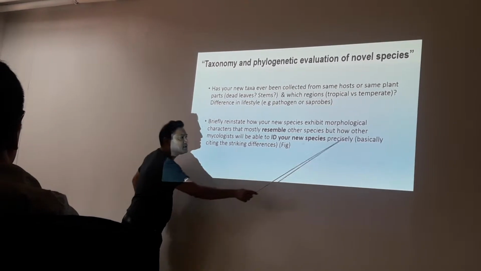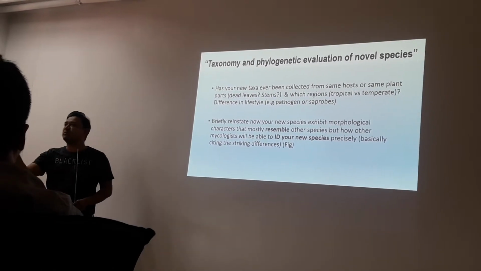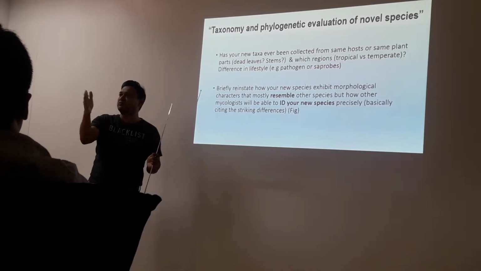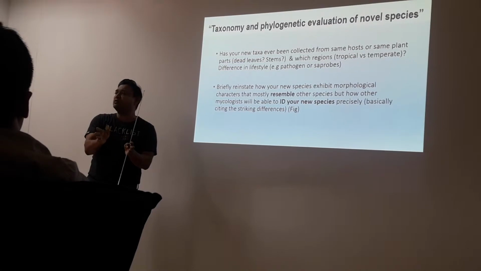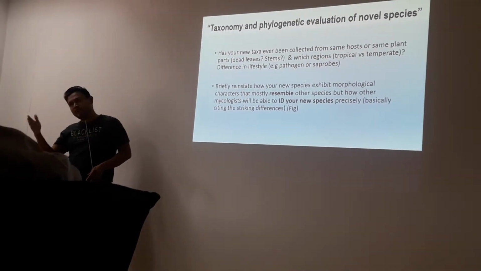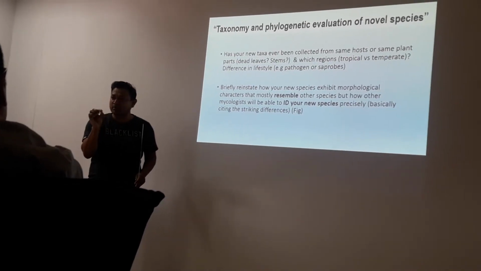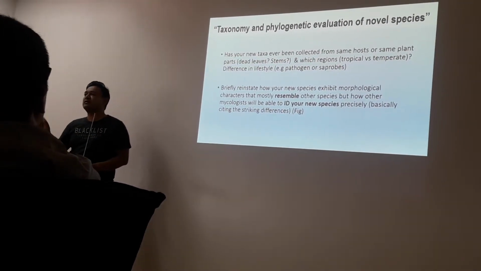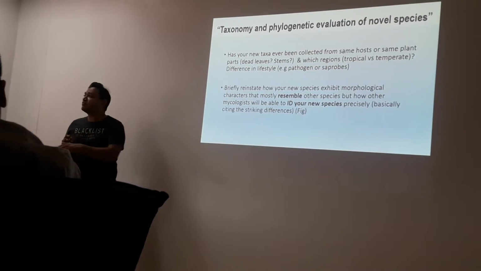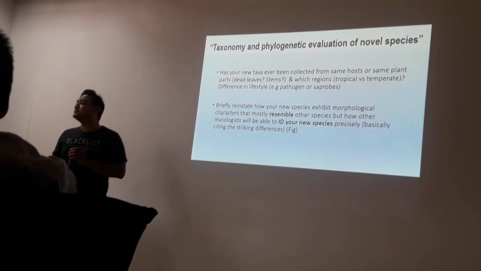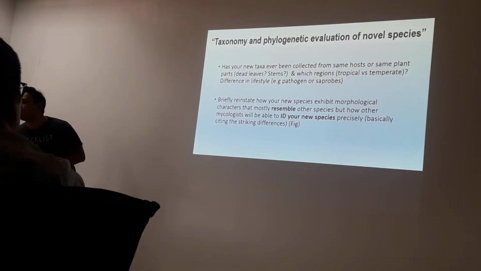So then you cite it there: okay, this is my species. It is similar to others in terms of X, Y, Z. However, upon proper morphological examination, we notice that there are Y, Z there that make it different from all other known species. Ma'am, clear so far?